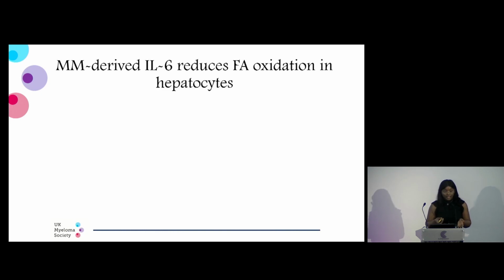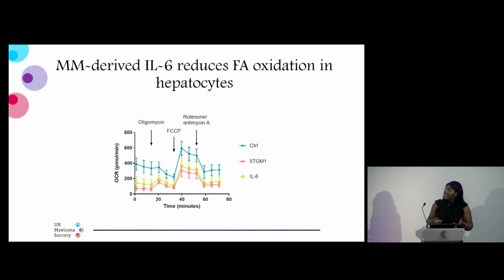So finally, I wanted to understand if the interleukin-6 that is secreted from myeloma cells was enough to affect fatty acid oxidation. And so I performed the Seahorse analysis. On the y-axis, you can see something called the oxygen consumption rate, which is just a measure of fatty acid oxidation.